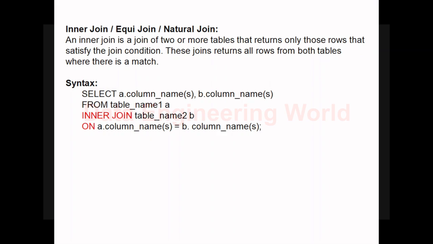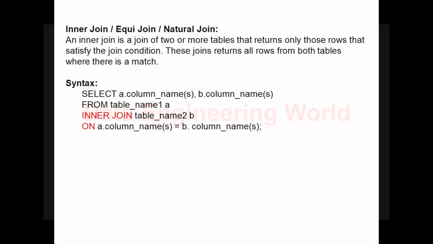We can also provide an alias to the second table, like mentioned here as B, and then we need to use a keyword on, and then we need to take the common keys from both the tables. We must have the common key field in both the tables which are participating in the join operation.